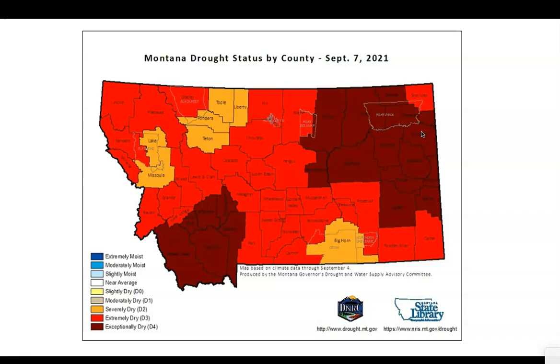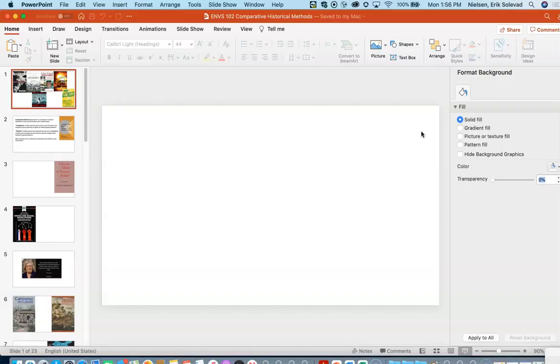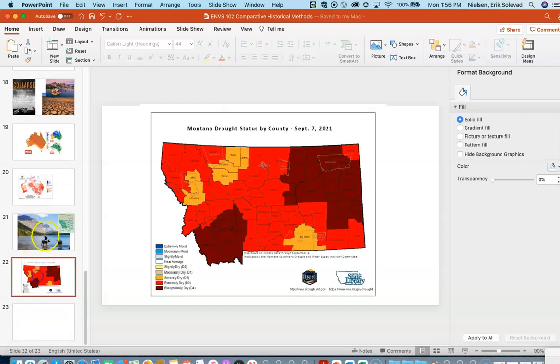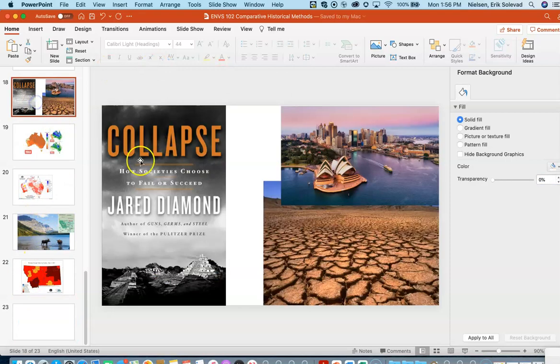So again, I just wanted to point out there's drought happening everywhere, and people have done comparative studies on it. Like I said, this book Collapse came out, not even 25 years ago, I believe, like 2007 or so, a while ago. But he talks about Australia is in trouble.